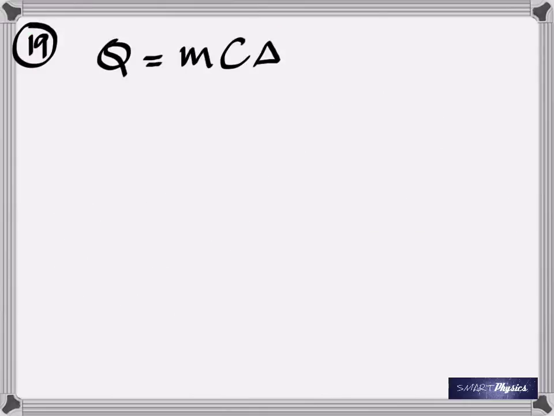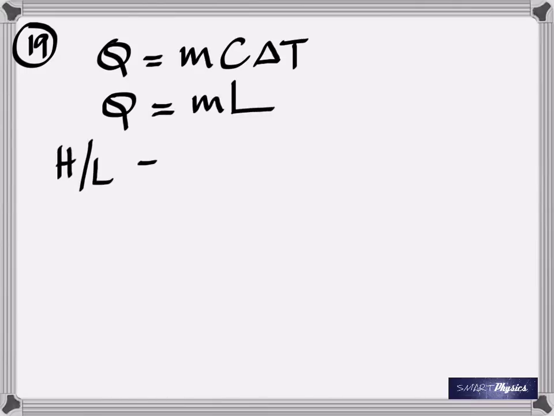Chapter 19. A very important chapter. Heat lost or heat gained is mc delta T, where you have the mass, specific heat, and change in temperature. But if it's a phase change, then it's mass times latent heat.